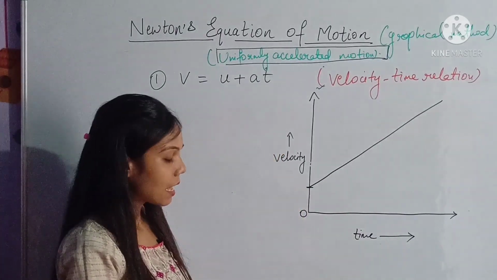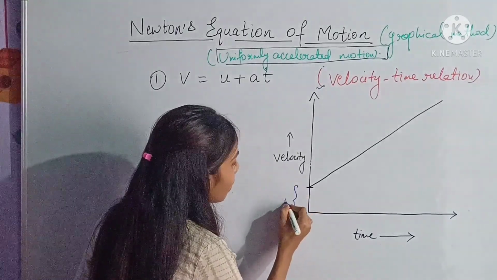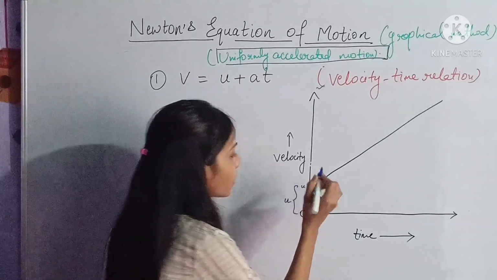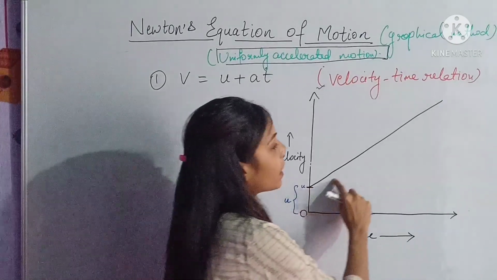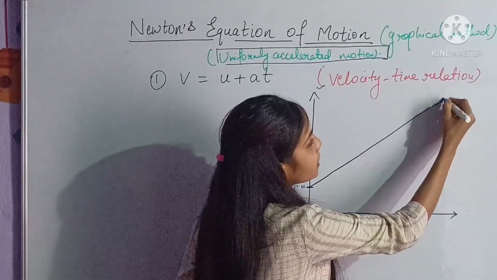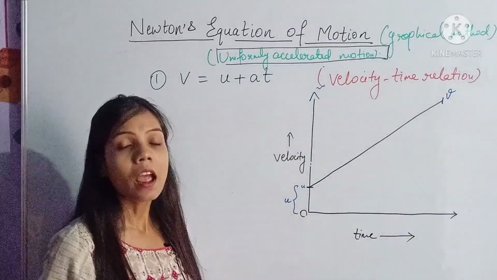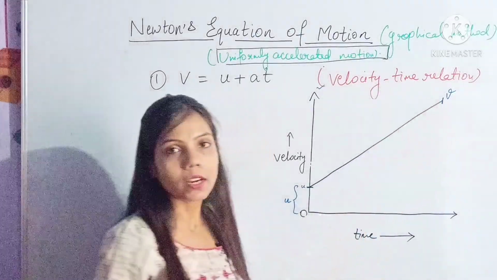It signifies that from this point to this point it is the initial velocity. So this will be considered as the initial point. Let us write here u, and the body has started from here. It has approached like this, and it has reached this position. So this is our final position of that particular moving body under uniform acceleration, which is represented by this straight line.